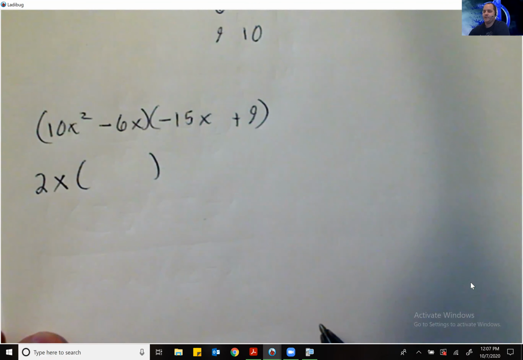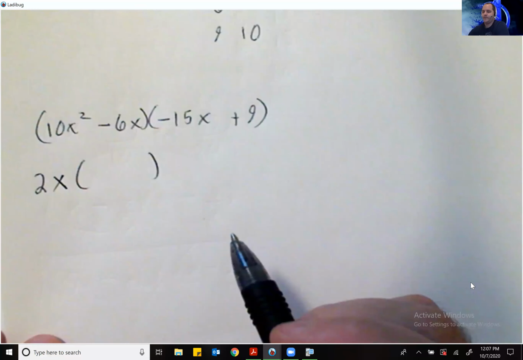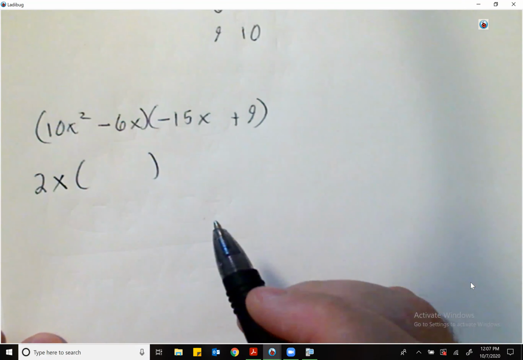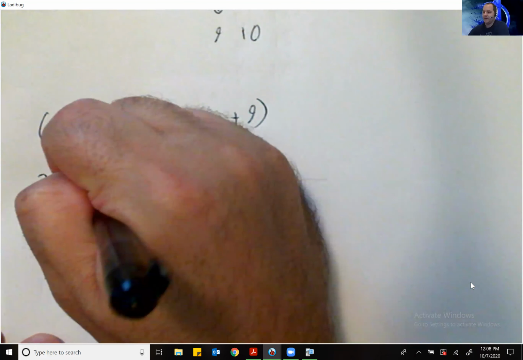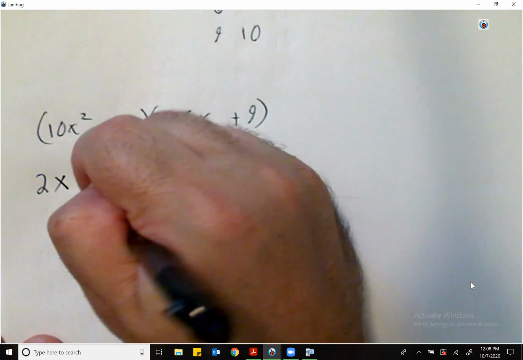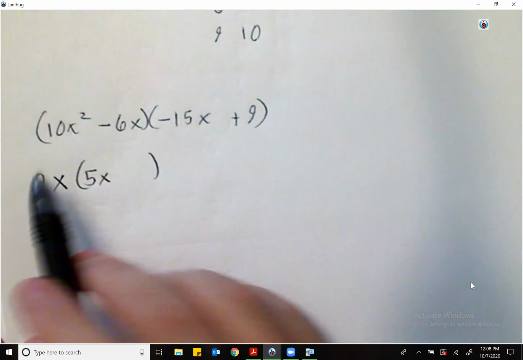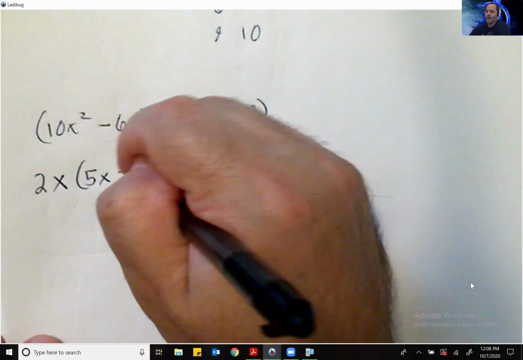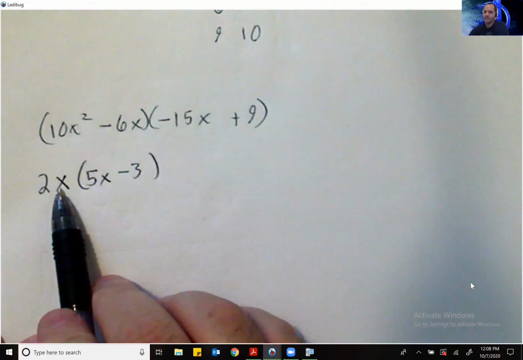What's 10 divided by 2? 5x, because there were 2x's, we took 1, so 5x. What's -6 divided by 2? -3, and there was 1x and we took the x, so no more x's.